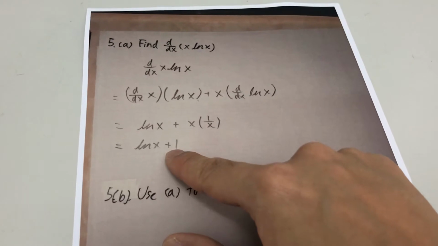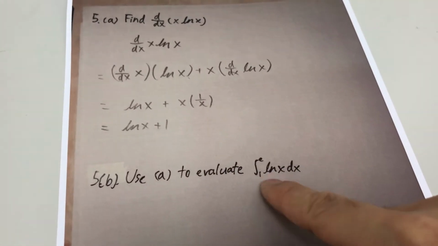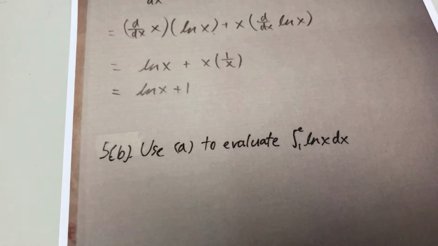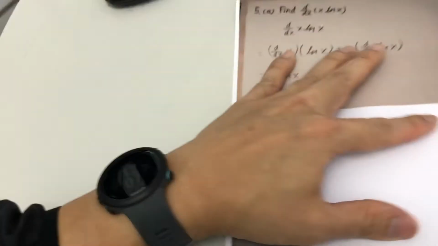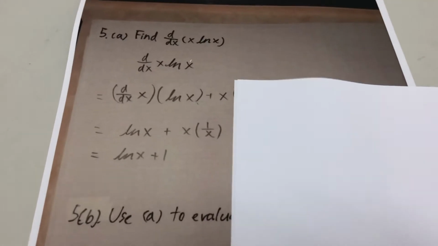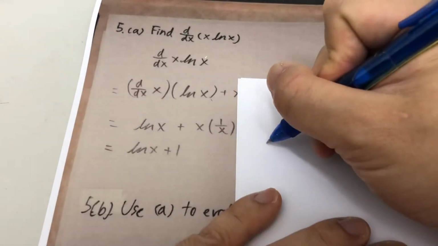Use this result to help us to find the integral of log x dx from 1 to e. Okay, so let's recall that we have this method. Okay, so in part A, we've got this result.